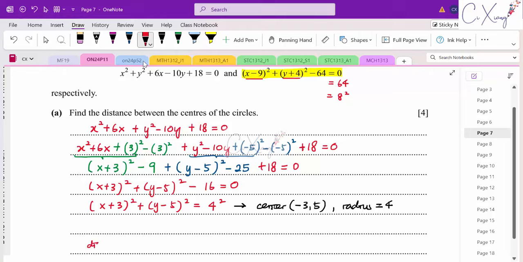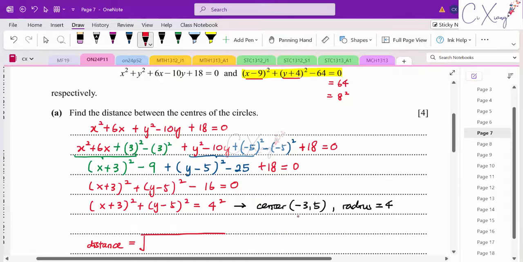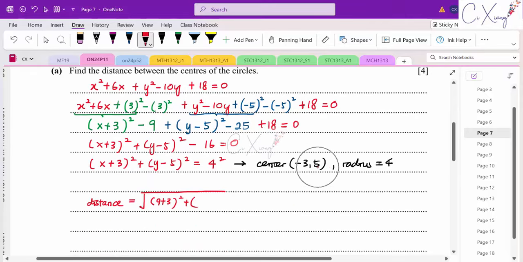Basically you need to use the formula: square root of (x1 − x2)² + (y1 − y2)². So x1 is 9, minus x2, so it will become (9 + 3)². Then plus (y1 − y2)². So y1 is negative 4, so minus 5.